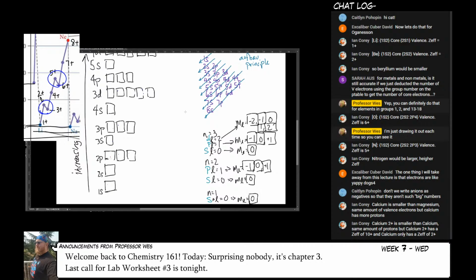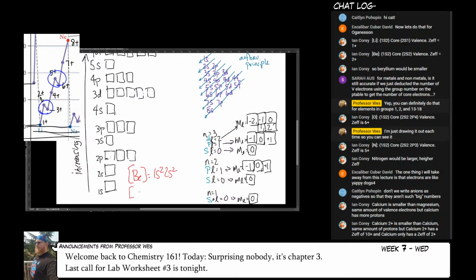So for the element with 2+, that's beryllium. So if I were to write out beryllium's electron configuration, that would be this. There's beryllium.